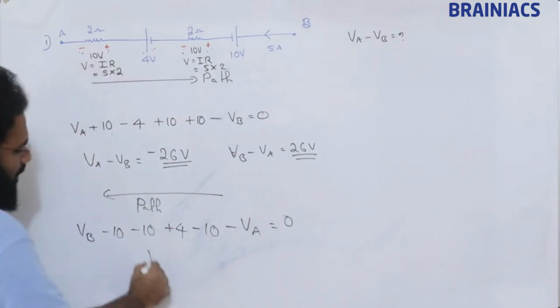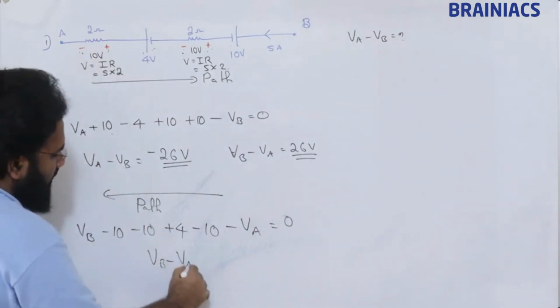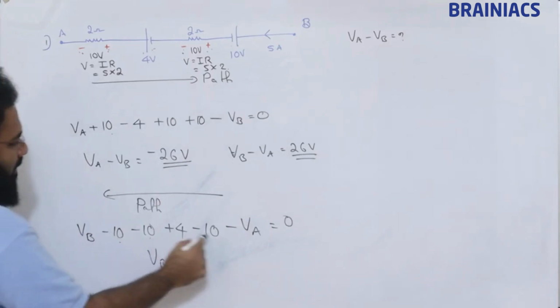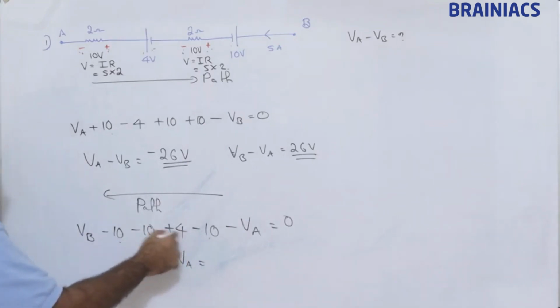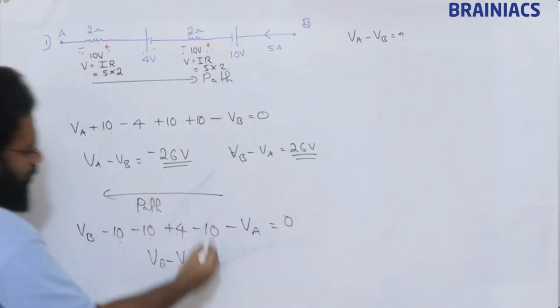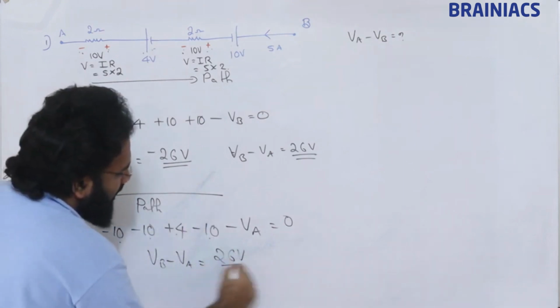Now see, VB minus VA is equal to minus 30 plus 4, we get minus 26 this side, going to that side, 26 volt. Clear?